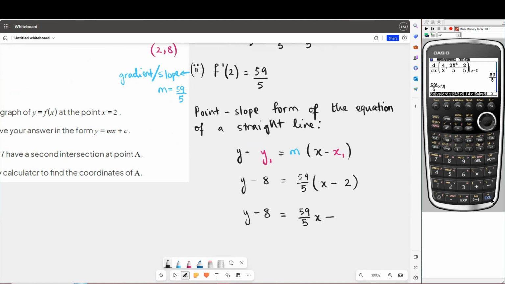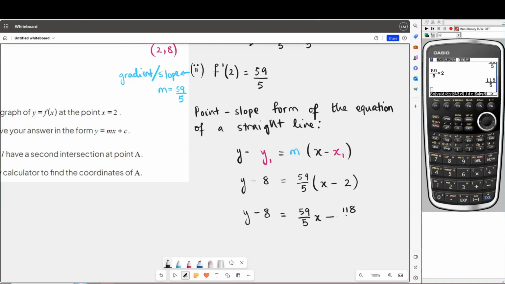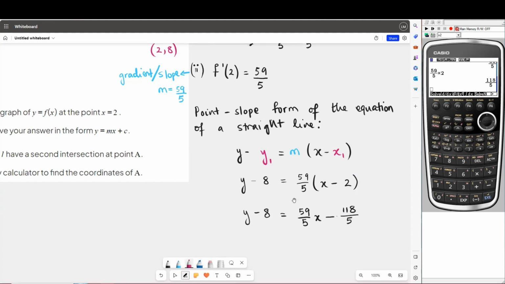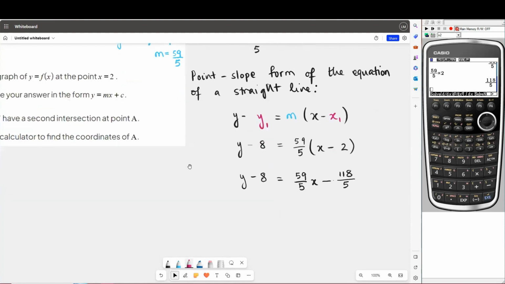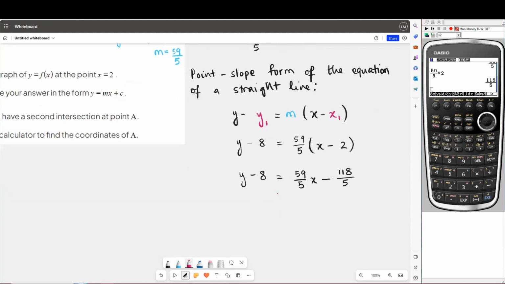Remember, the number that's outside the bracket needs to multiply every number that you have on the inside of the bracket. So that's 118 over 5. What I basically did was 59 over 5 times x, and then 59 over 5 times 2. The number outside the bracket multiplies everything inside the bracket.